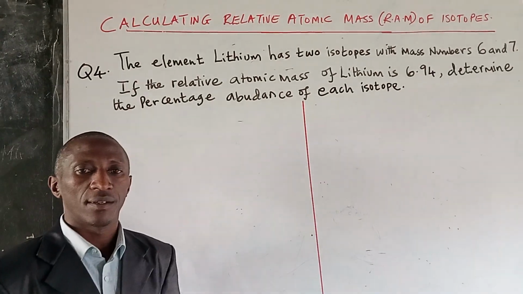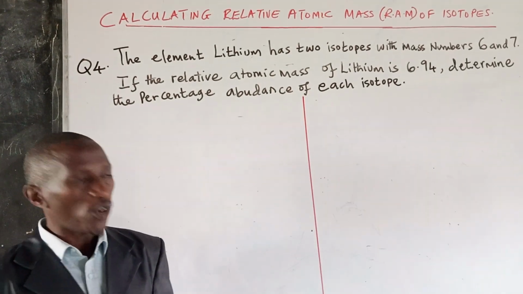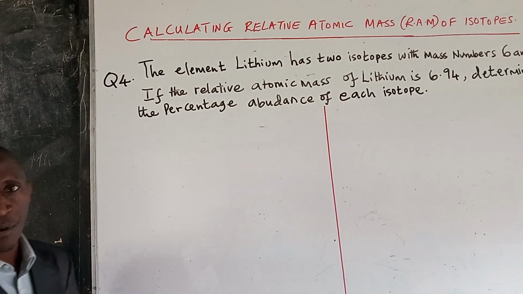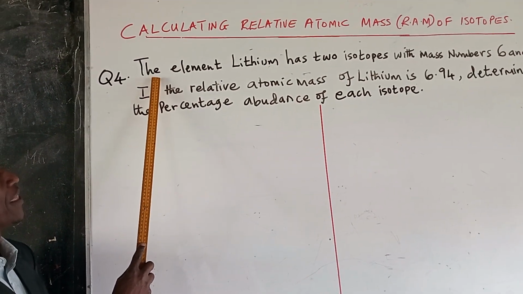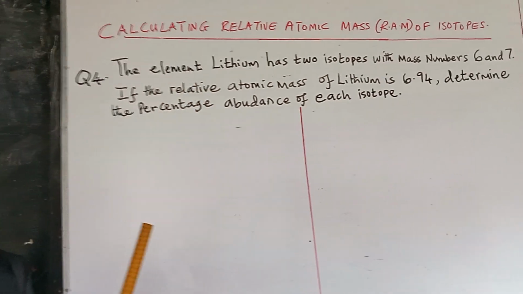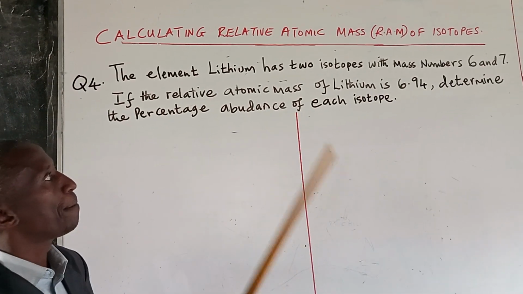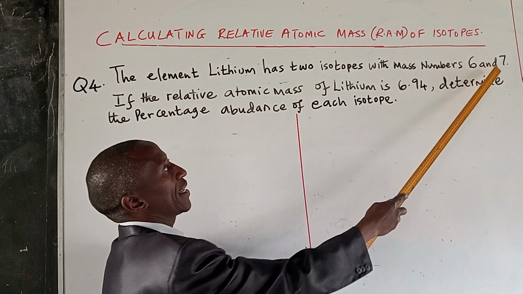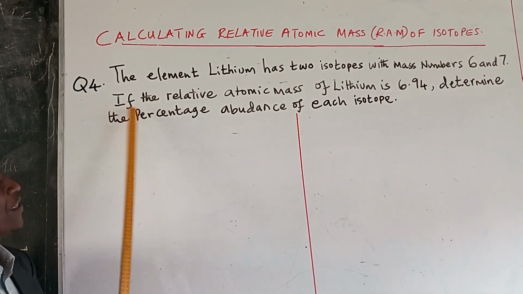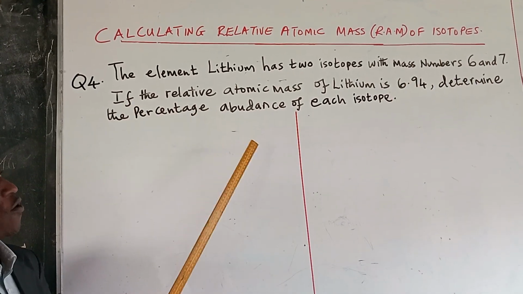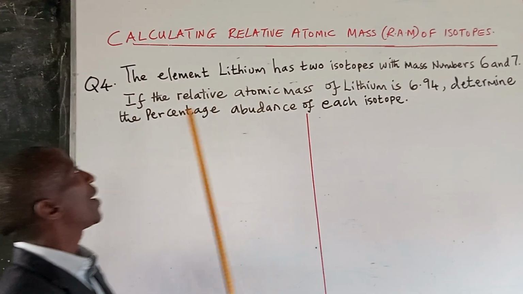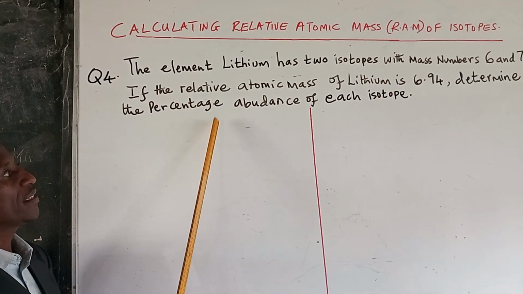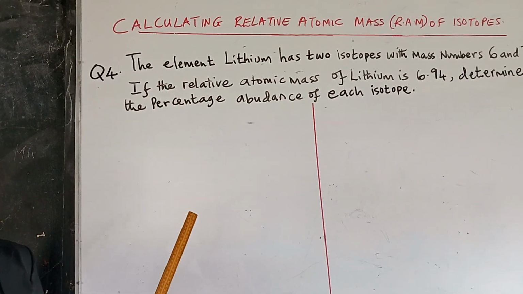Viewers, welcome back. We look now at question number 4. The element lithium has 2 isotopes with the mass numbers 6 and 7. If the relative atomic mass of lithium is 6.94, determine the percentage abundance of each isotope.